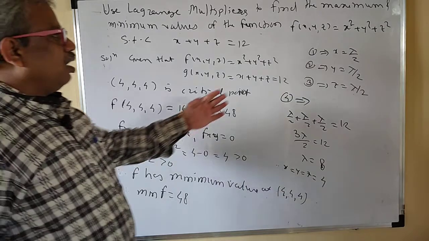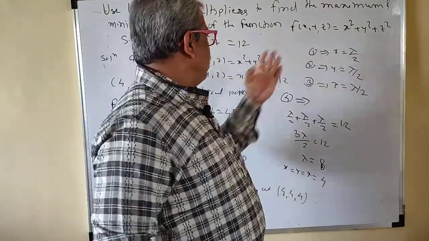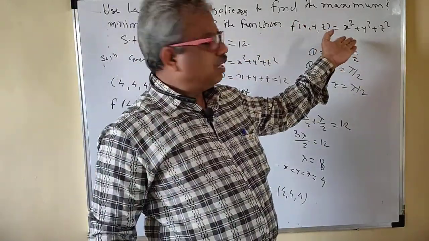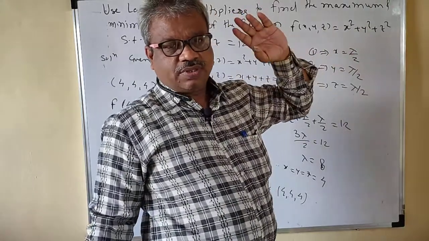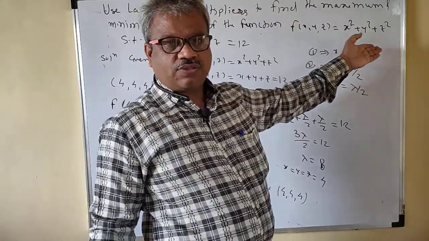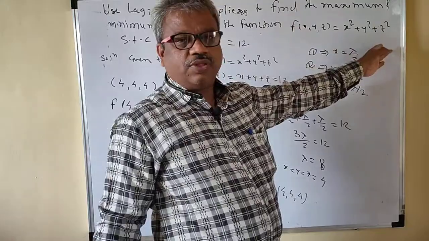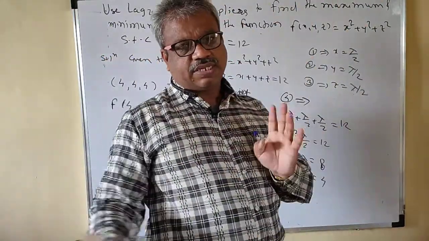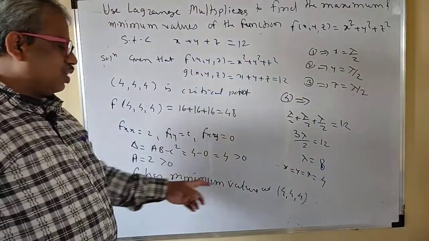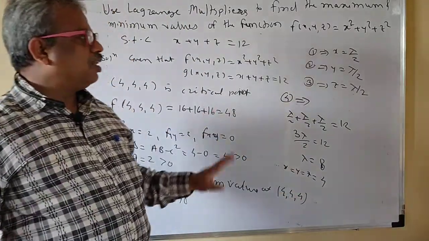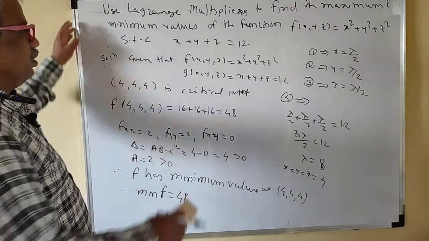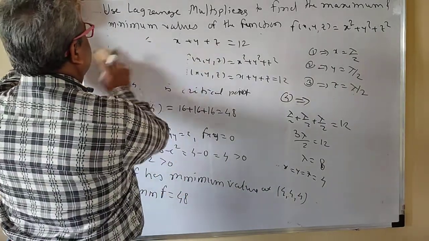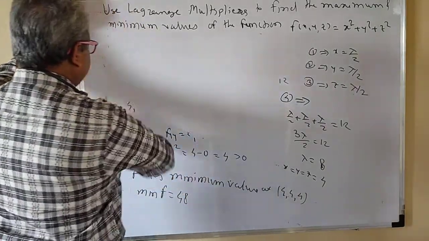Now see here, you can check, if you increase your x, then your function is also increasing, right? If you increase your y also, the function is also increasing. If you increase the value of z, so if x, y, z are increasing, the value of f of x, y, z is also increasing. So that means 4, 4, 4 will be the minimum value of this one.